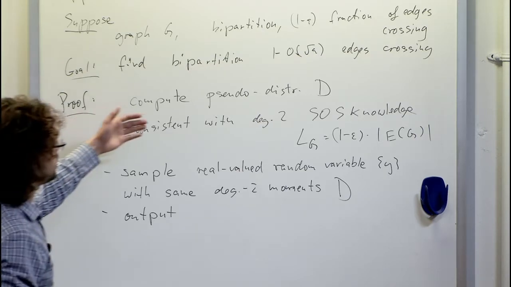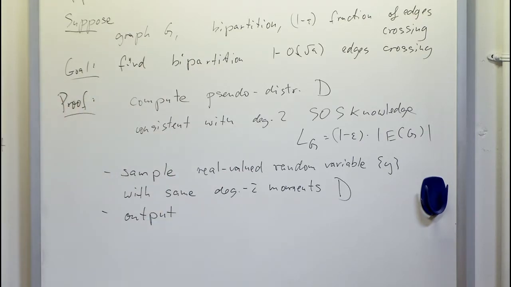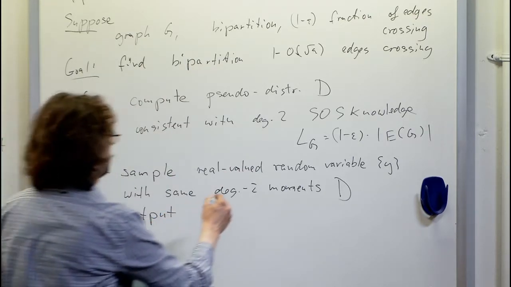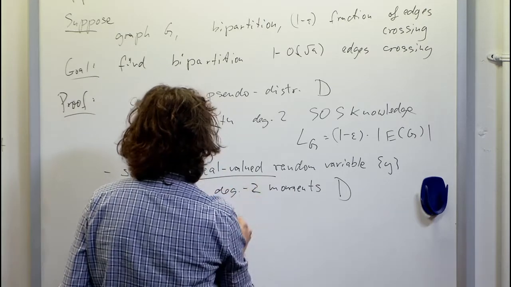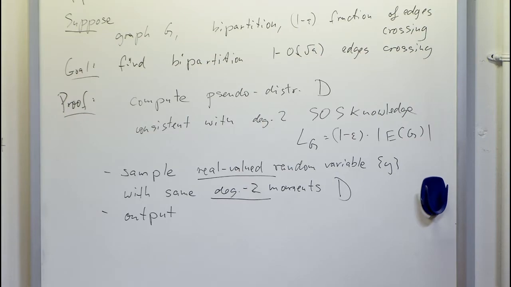But one thing that we can do is sample a real valued random variable that has the same degree 2 moments. Okay, and so all of these words are important. It's a real valued random variable and it has the same degree 2 moments. That's something that we can do, and I'll explain why.